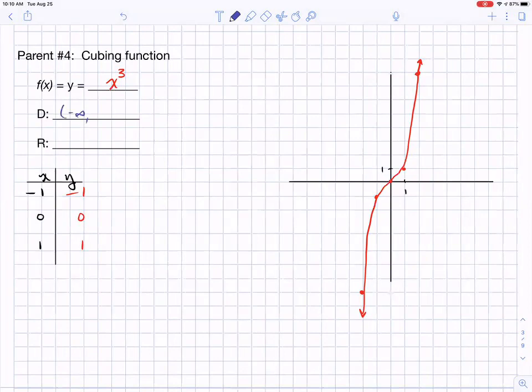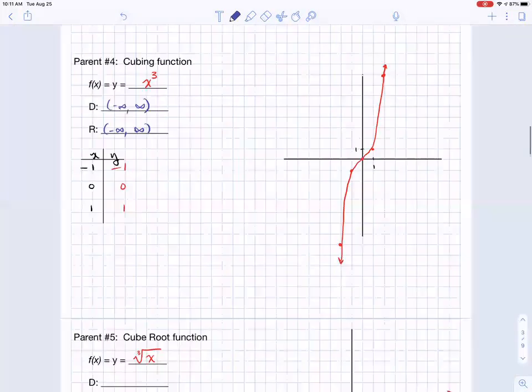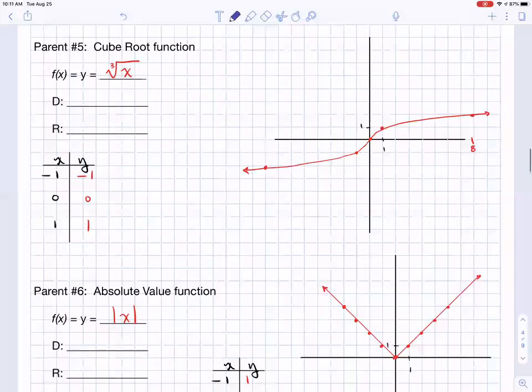And what's my furthest x value on the right that I'm allowed to plug in? Positive infinity. Okay, how about at the bottom? What's the lowest y value? Negative infinity. And the highest y value? Positive infinity, right?